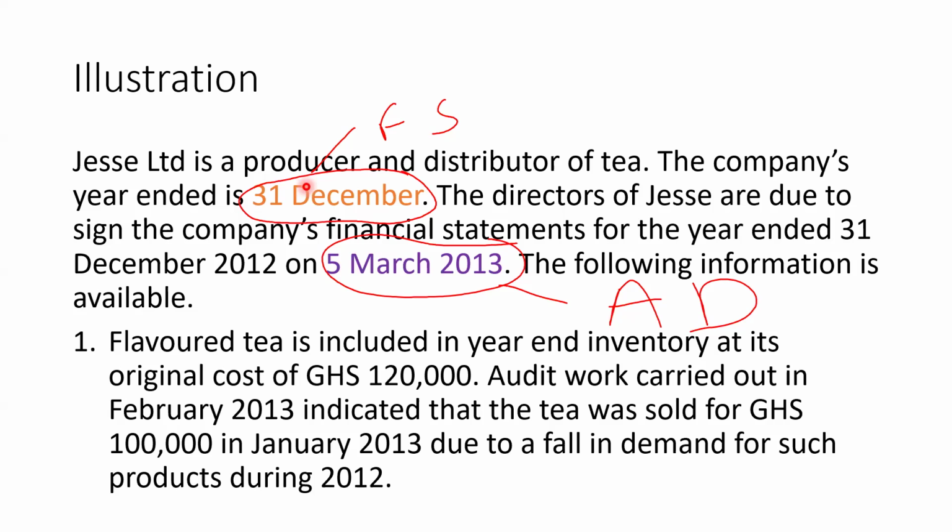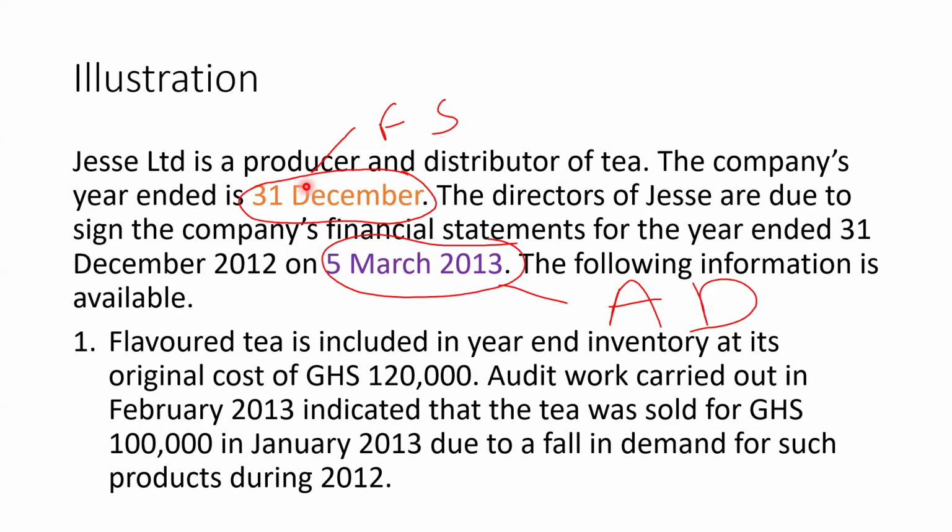Good. Closing inventory decreases cost of sales. The lower the cost of sales, the higher the profit, right? So if closing inventory is decreasing cost of sales, then it is increasing profit.